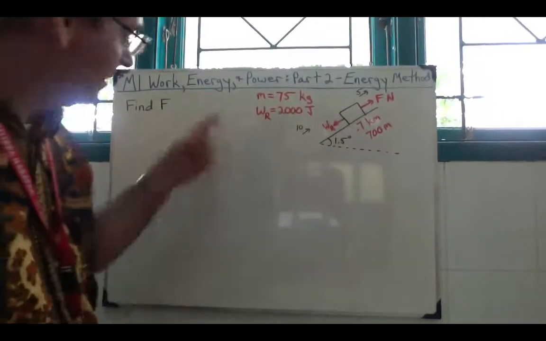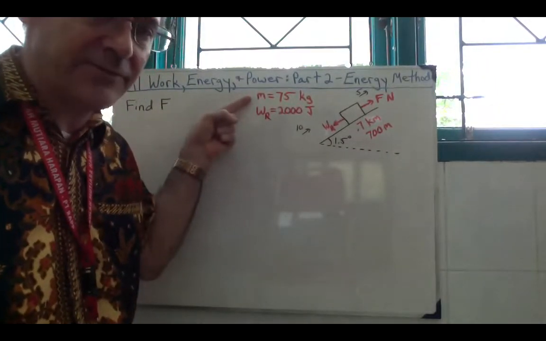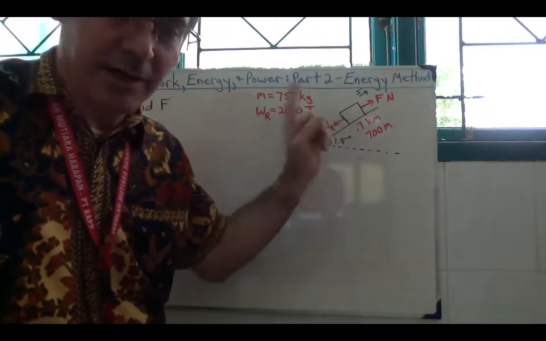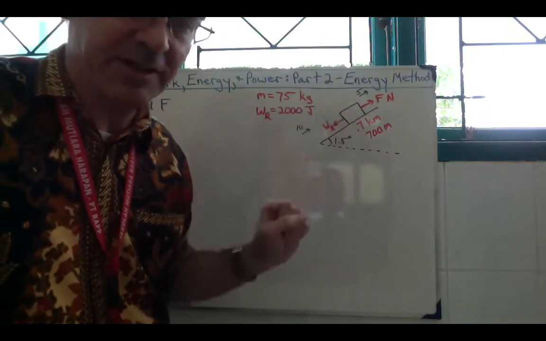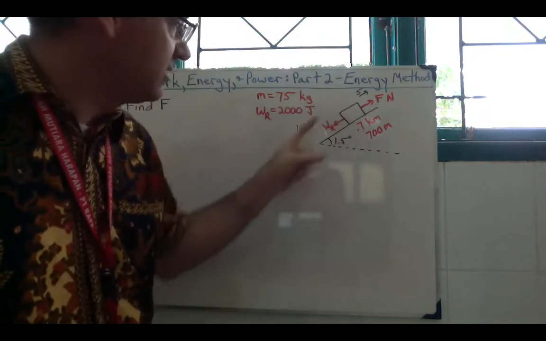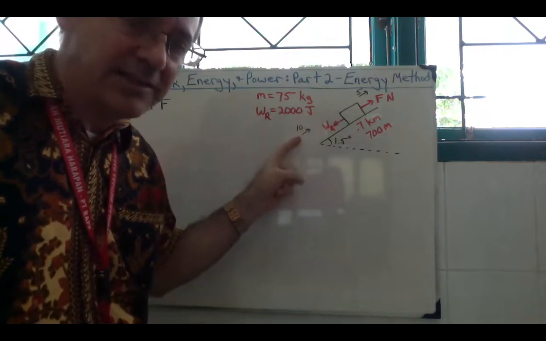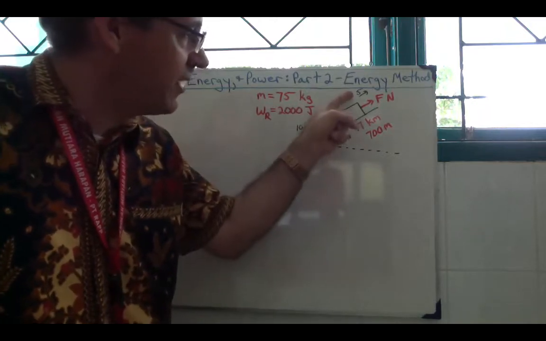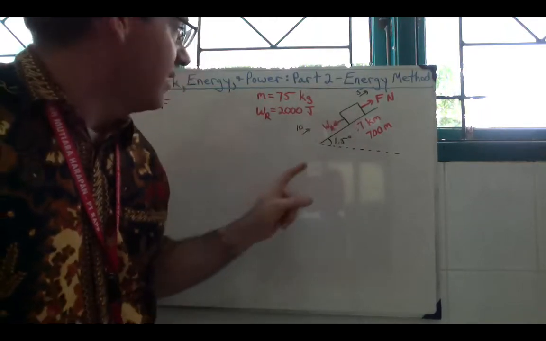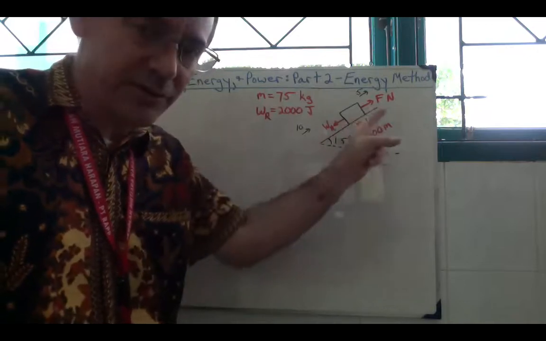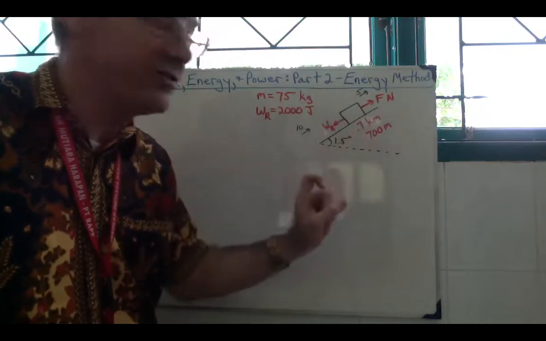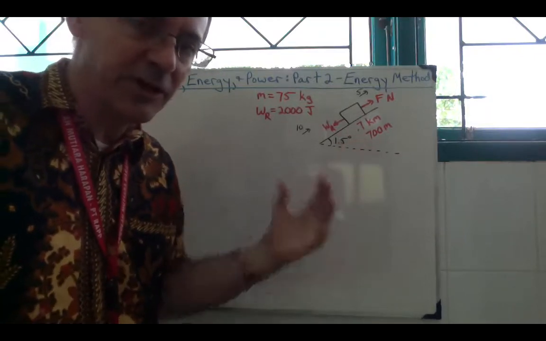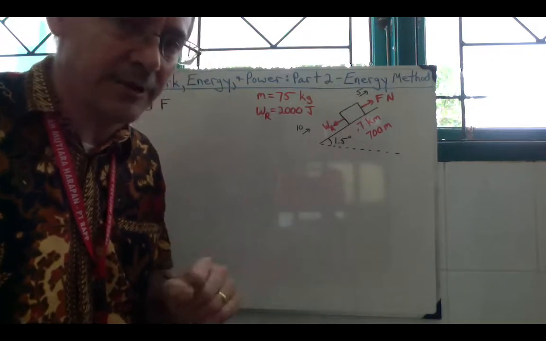Okay, let's go back to our board and look at the information here. So we have the cyclist and the cycle is 75 kilograms. I just drew a bicycle as an object here. The cyclist has a velocity of 10 meters per second at the bottom of the hill and 5 meters per second at the top of the hill. The distance or length between those velocities is 0.7 kilometers. Notice right away I have converted it to 700 meters because our units deal with meters, not kilometers.